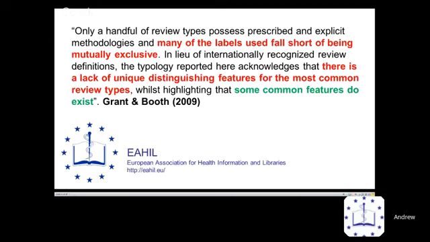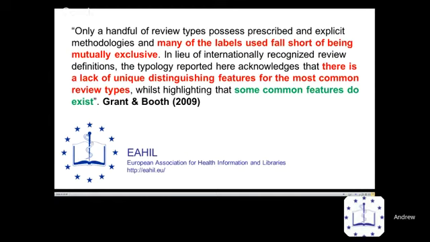And nearly a decade ago, along with Maria Grant, the editor of Health Information and Libraries Journal, we wrote an article for Health Information and Libraries Journal which showed that many people use labels, but in many cases these labels overlap. In other cases, it's not clear why the label has been used.